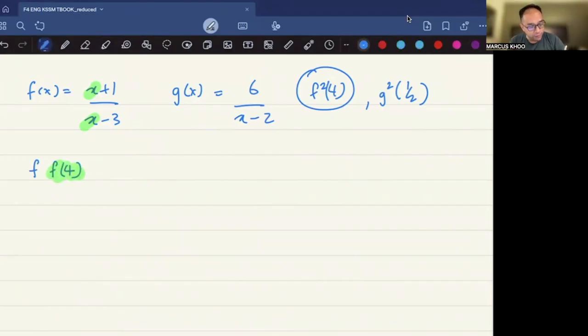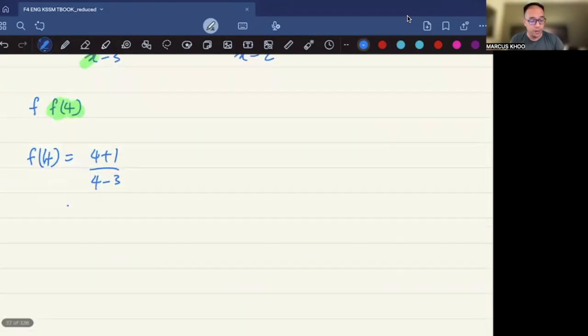So f4 equals 4 plus 1 over 4 minus 3. Look at how simple it is. When we have the numbers, everything is much simpler. This will give you 5. So now we know that this green thing is 5.